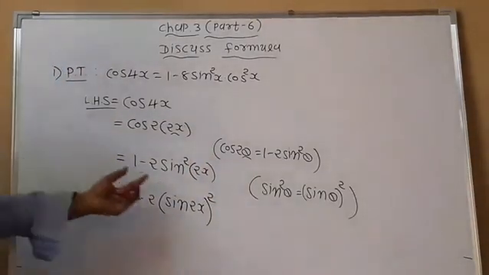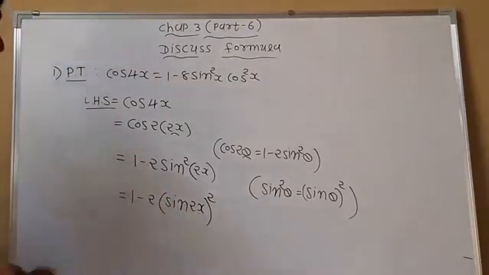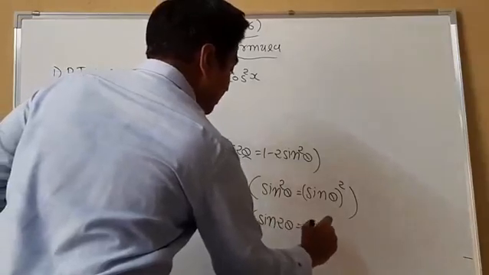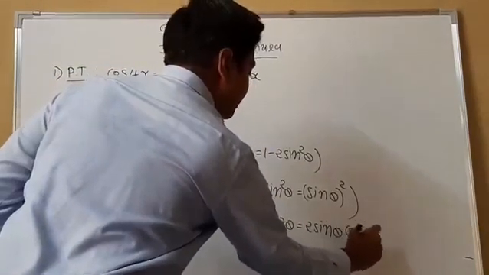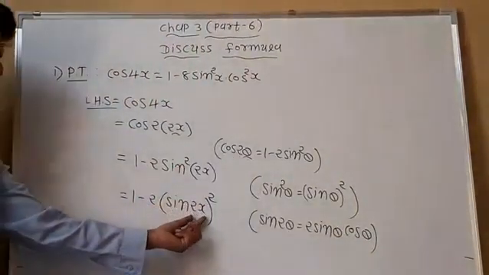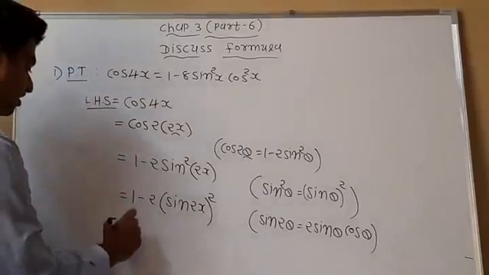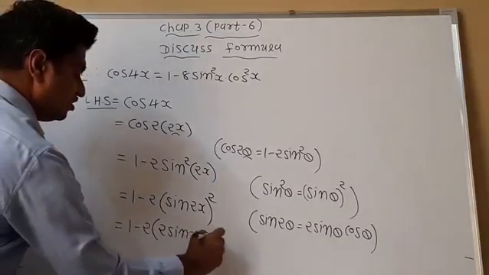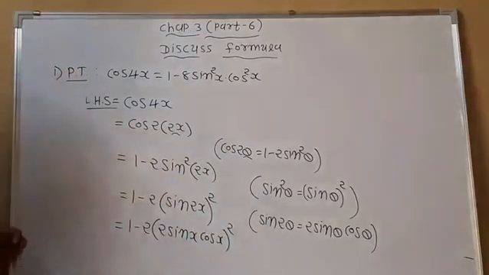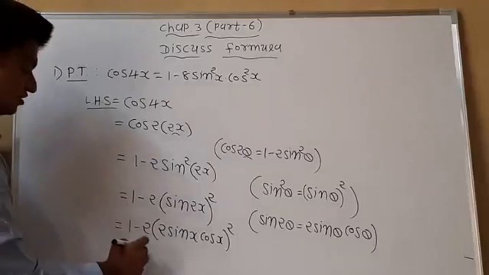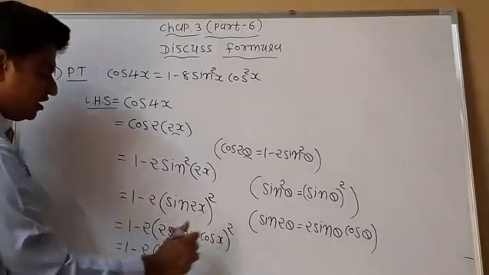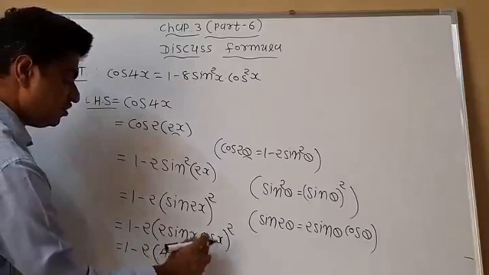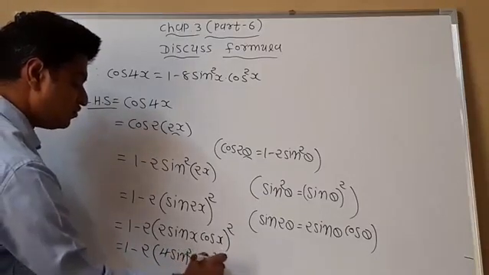Now again apply the identity for sin 2x, that means sin 2 theta, which is 2 sin theta into cos theta. So here in place of theta, x is present, so we write x. So 1 minus 2 into bracket 2 sin x into cos x whole square. So it is equal to 1 minus 2 in bracket 2 square, that means 4 sin square x, into cos square x.